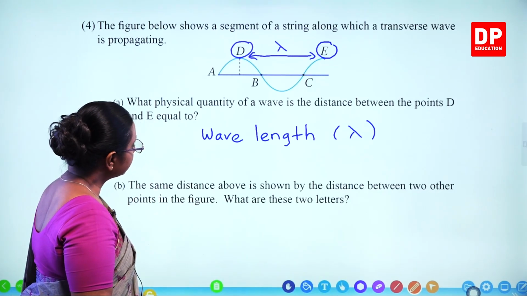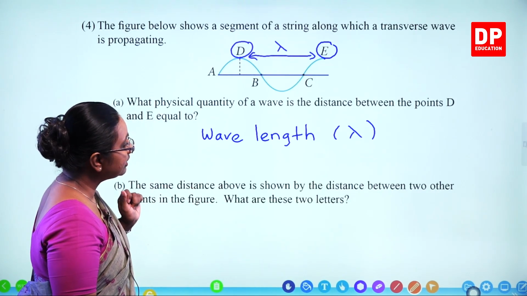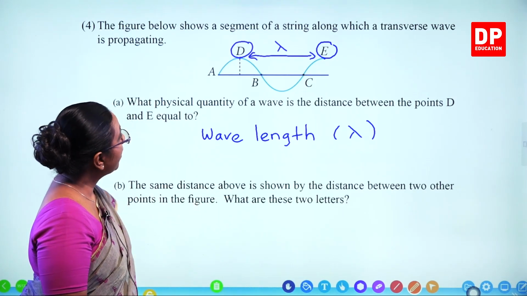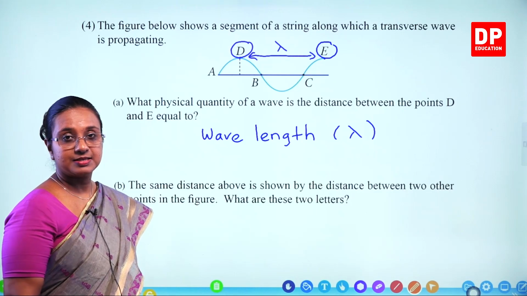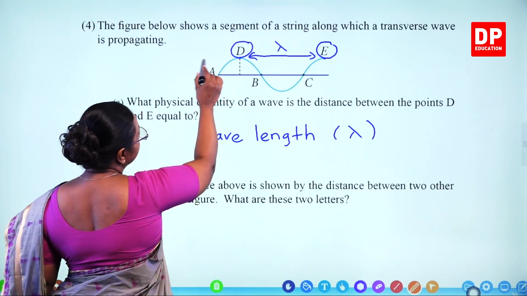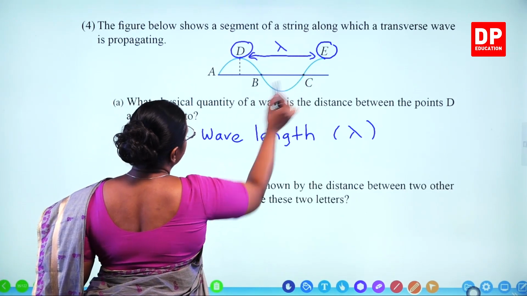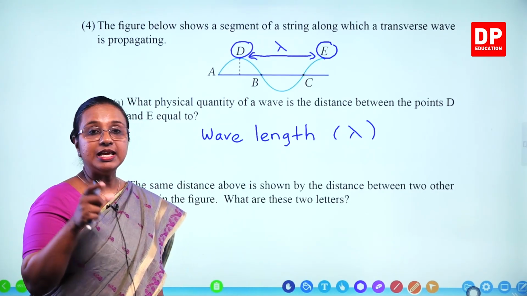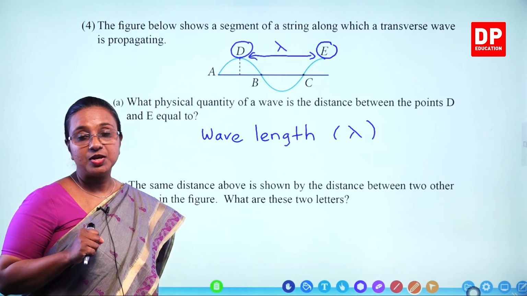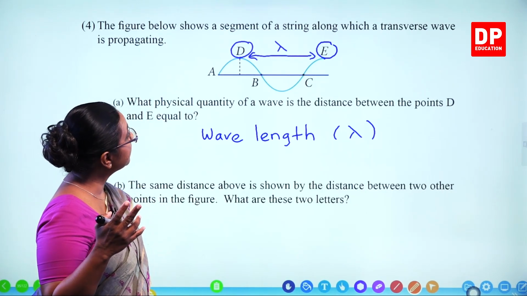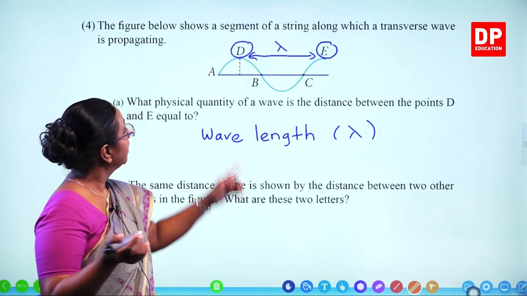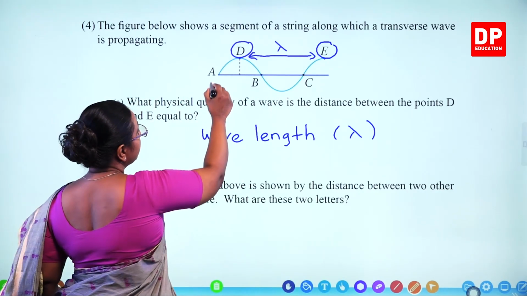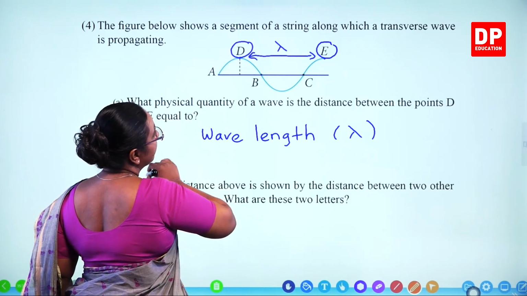The same distance above is shown by the distance between two other points in the figure. What are these two letters? Now, if you take the other letters A, B and C, from A to B, that is only half of the way. So, they are not in the same state of motion. If you take A and C, yes, because from here particles are going to move upwards.